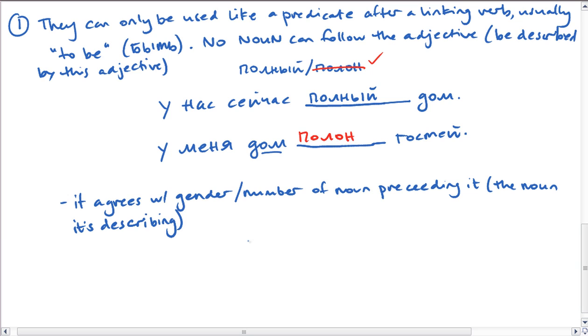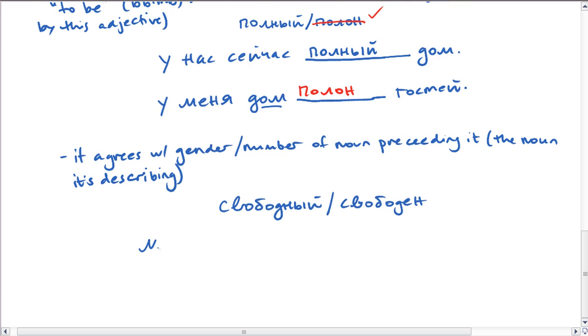Let's say you're trying to decide between свободный and свободен. Мы живем в какой-то стране.